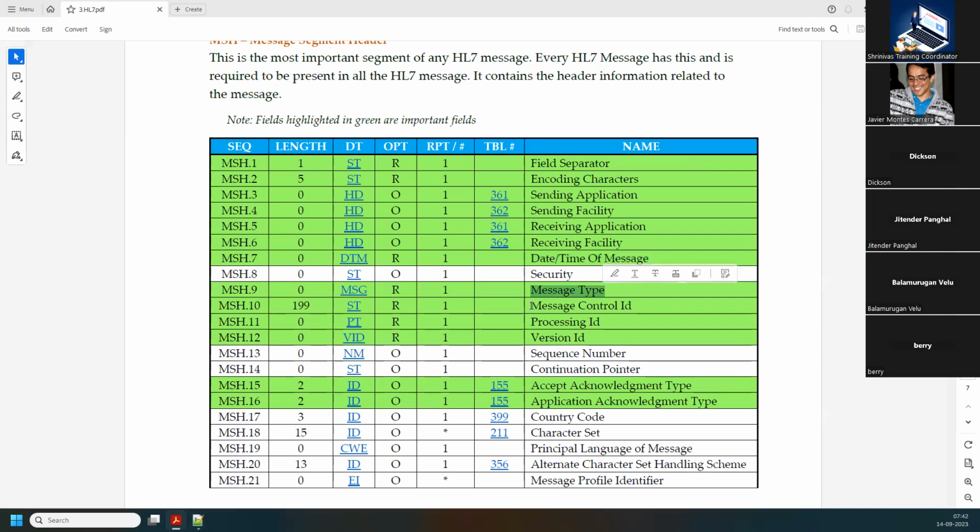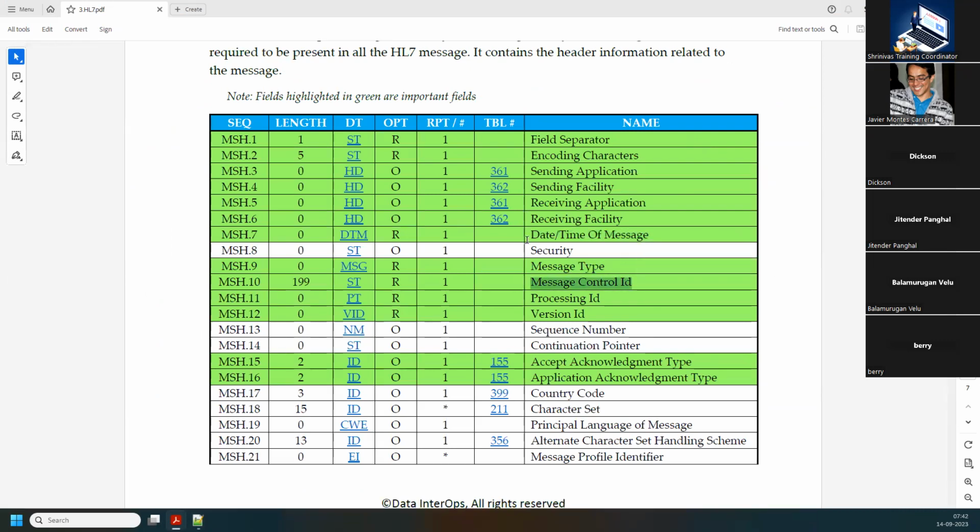And then you have MSH 10, which is the message control ID. The message control ID is nothing but the unique ID that is used to identify one single HL7 message throughout the interface. You will be transacting hundreds and thousands of messages every day through an interface, right?